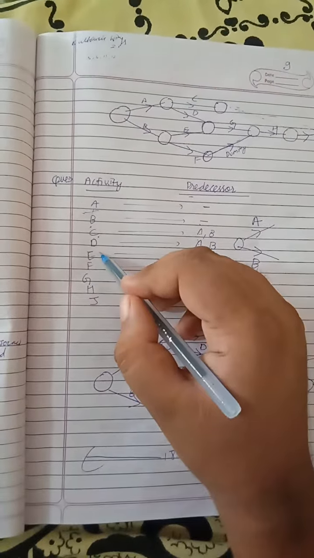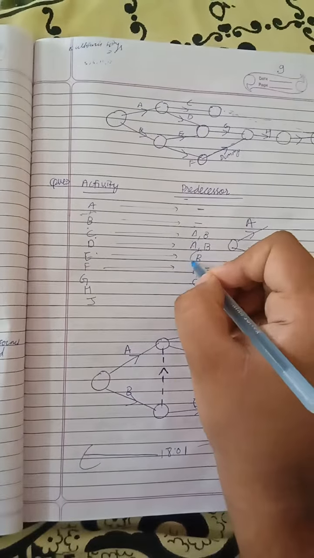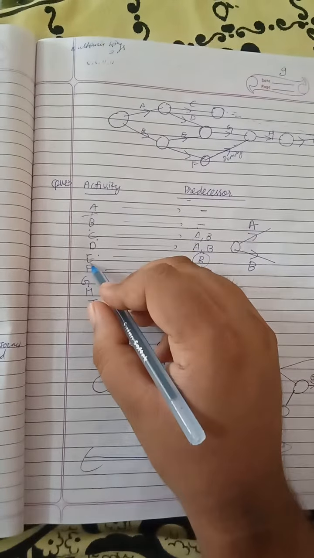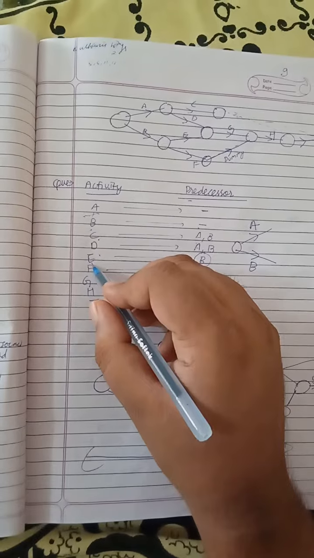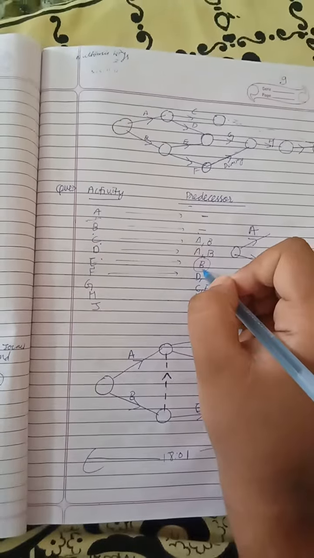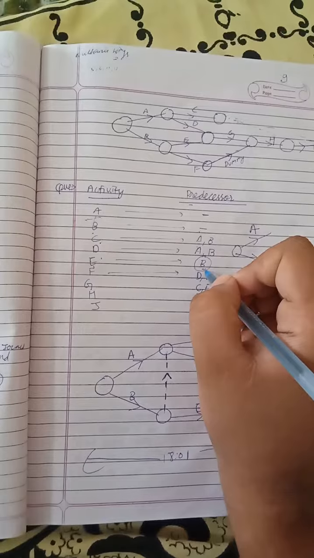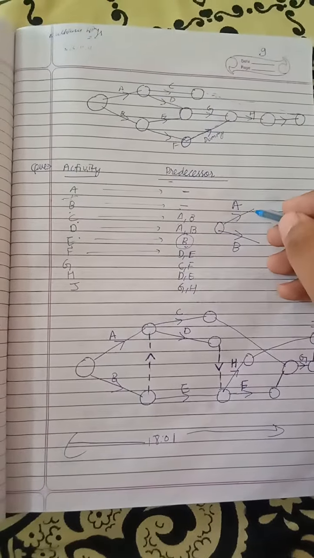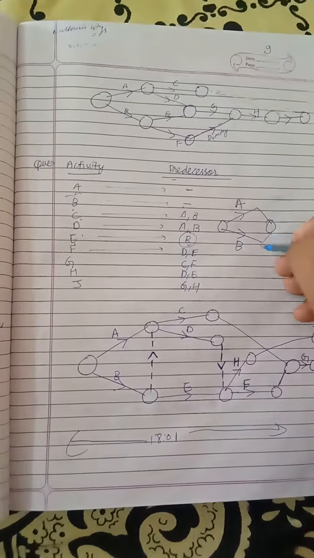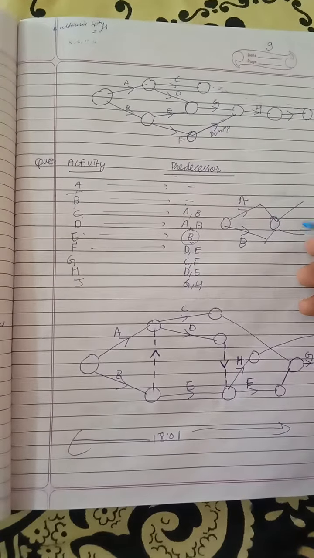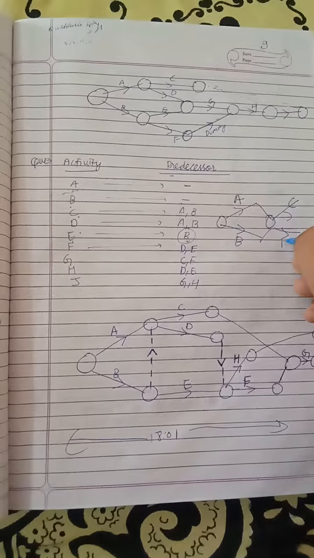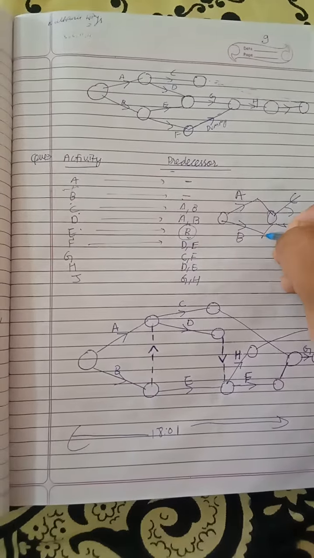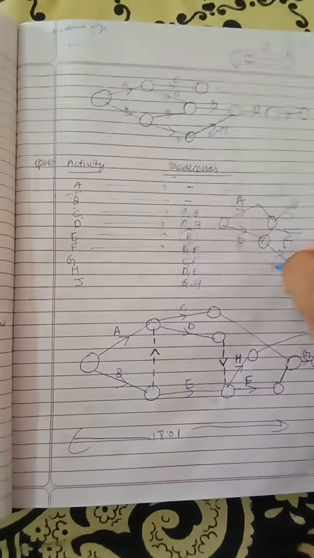In D, same case. But the complication is that activity E should start only after B. E does not have any condition on A, means A does not have any power on E. So if I would do it like this, C, D, then E, this is wrong.